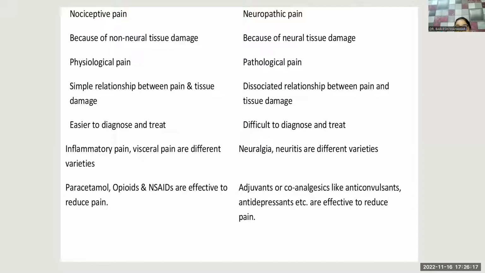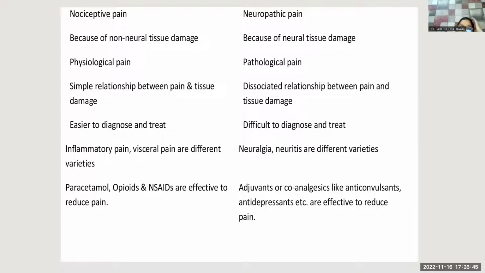You can see the tissue damage and that amount of pain, and you can very well diagnose and treat that patient. But neuropathic pain is challenging, difficult to diagnose and treat, because you cannot see exactly where the problem is, and sometimes the entire somatosensory system is at fault. So it is challenging to treat, and it becomes chronic also.